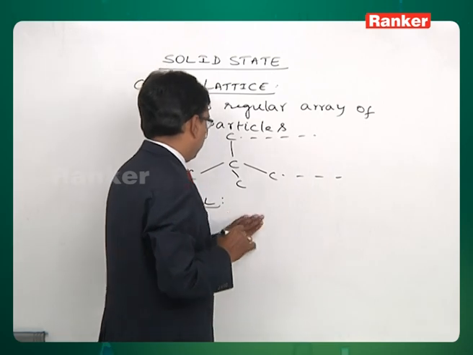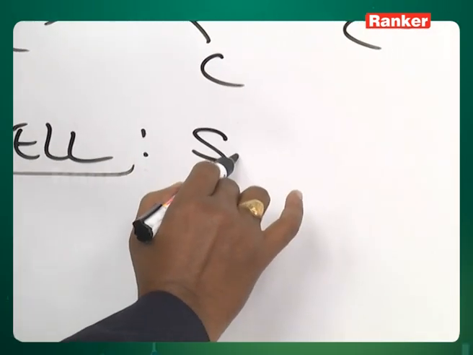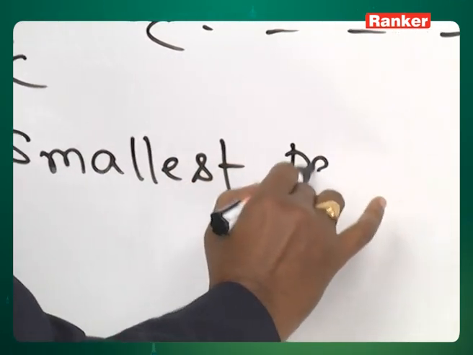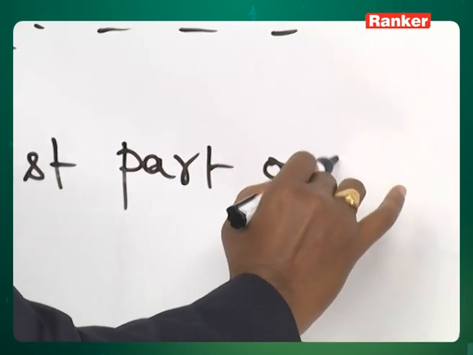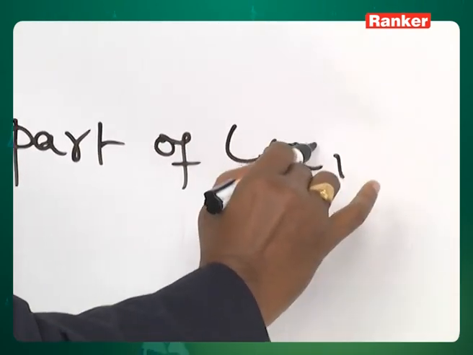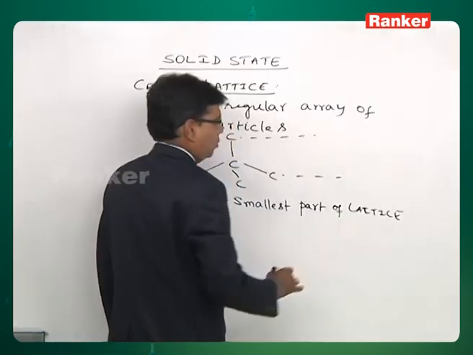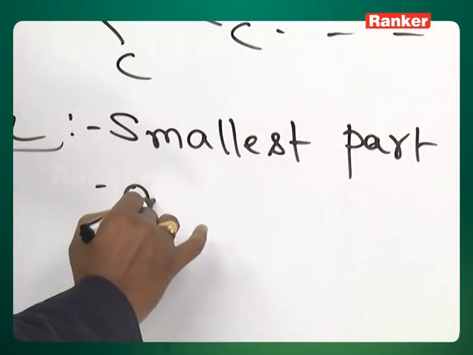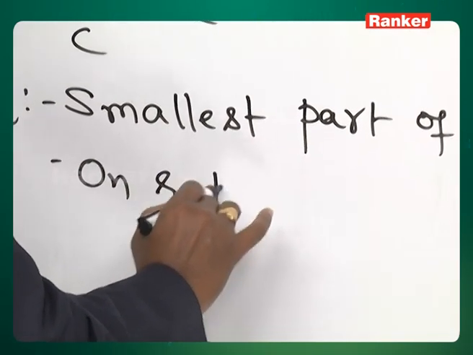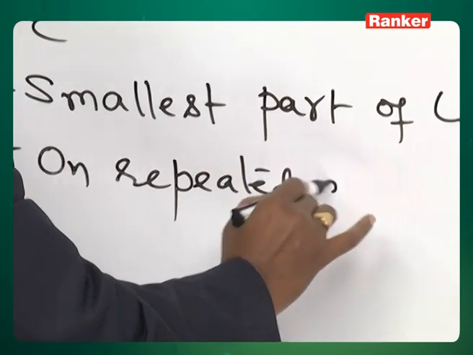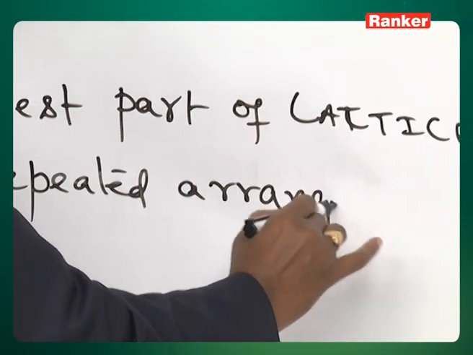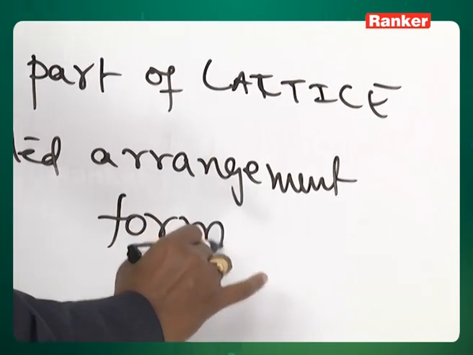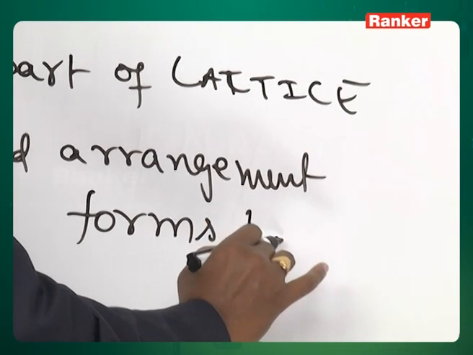Unit cell is the smallest part of the lattice which on repeated arrangement forms the whole lattice.